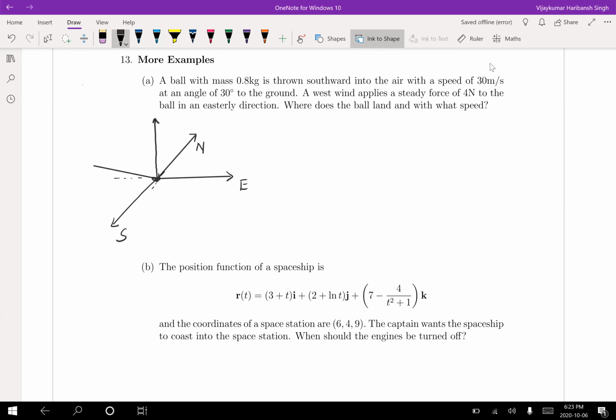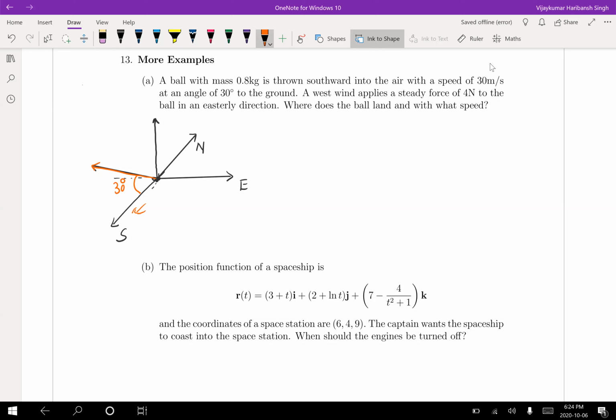So this angle here is 30 degrees. So we want to find out what will be our component, in this direction it will be 30 cos t, right? So let's find that out.